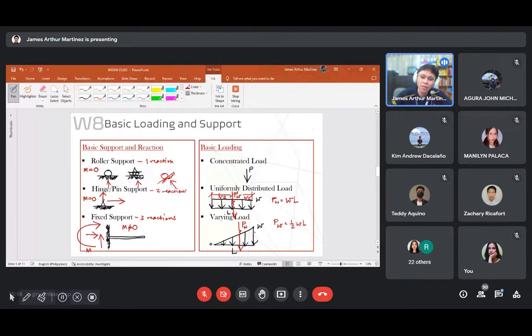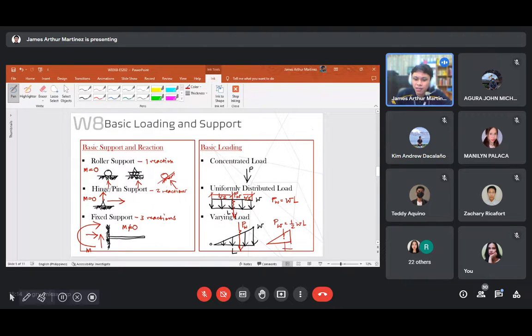How about its location? Recall from the basic properties of geometric shapes that the concentrated load acts at the centroid. So where is the centroid of a triangle?